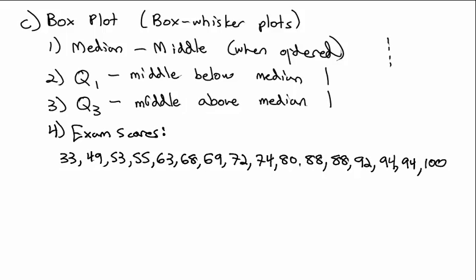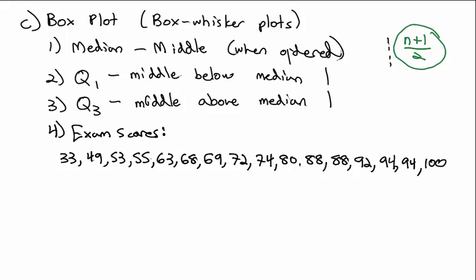So the median is going to be the middle score. If there's 16, the way we find the middle score is we take the number plus 1 and divide by 2. That'll get us right in the middle. So there are 16 values. 17 divided by 2 is 8.5.